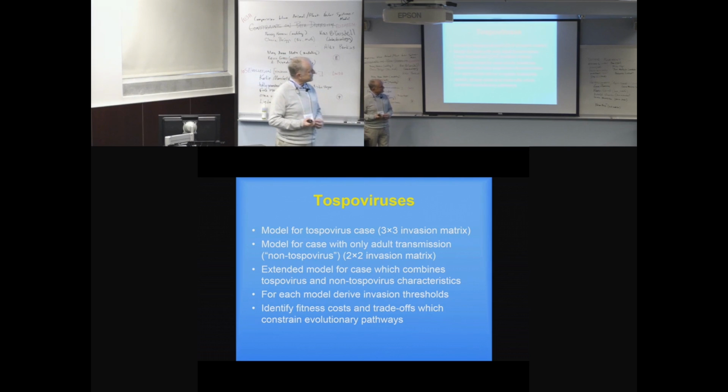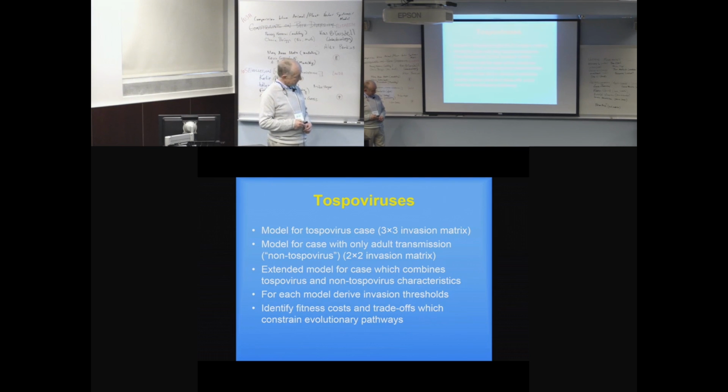So we went through the standard procedure for developing an invasion threshold by constructing the invasion matrix. In the Tospovirus case, it was a 3x3, and developing the invasion threshold. We did the same for the case, which you can call non-Tospovirus, where there are only adults involved in the transmission process. And that actually led to a 2x2 invasion matrix.